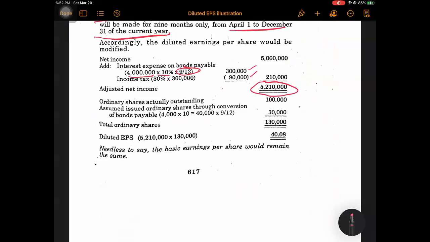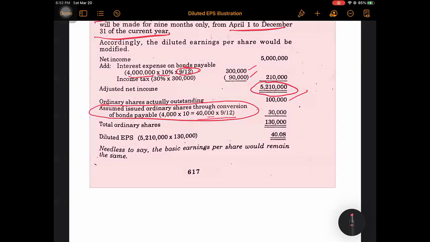Look at the total ordinary shares we used to compute the diluted earnings per share. Same, you have the actual outstanding ordinary shares, but look at the potential ordinary shares from the convertible bonds. It was averaged, right? Since they were issued from April to December 31, that's 9 months outstanding. So 40,000 shares times 9 divide 12, you have 30,000.